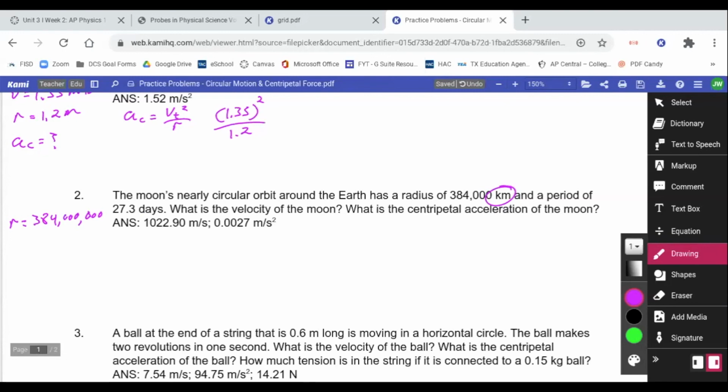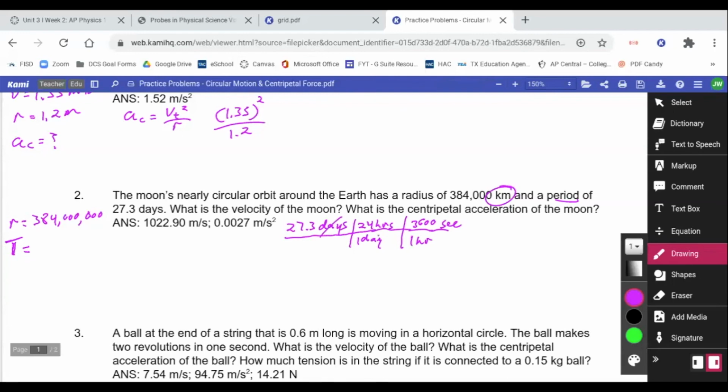Now the next part says a period. Okay, so it's given us a period. Let me put T equals 27.3 days. Now I can't use that, so let's do a little conversion. 27.3 days, 1 day is 24 hours, 1 hour is 3,600 seconds.